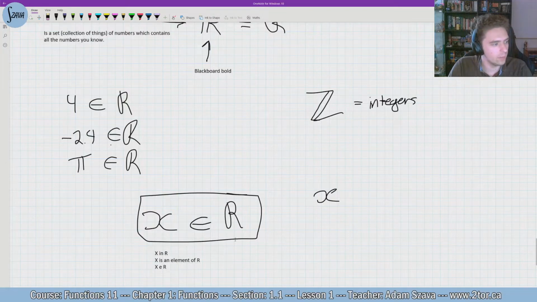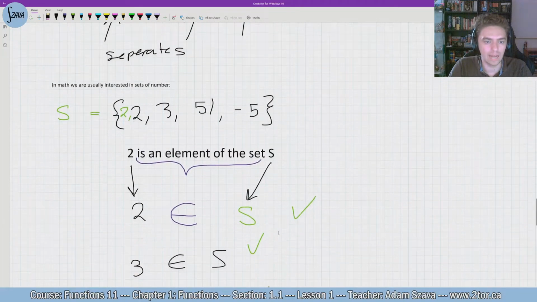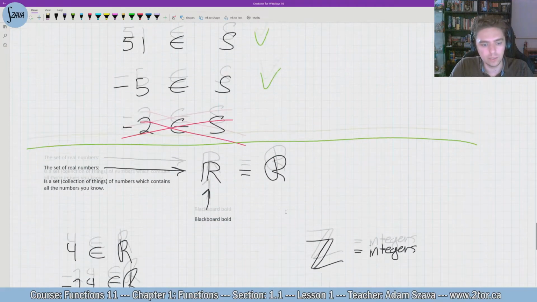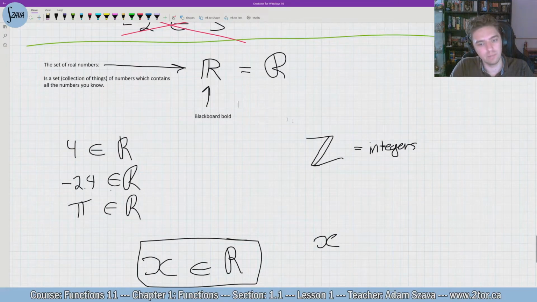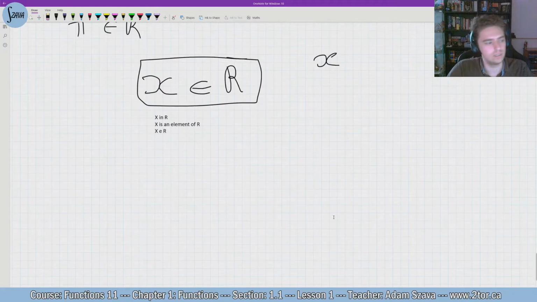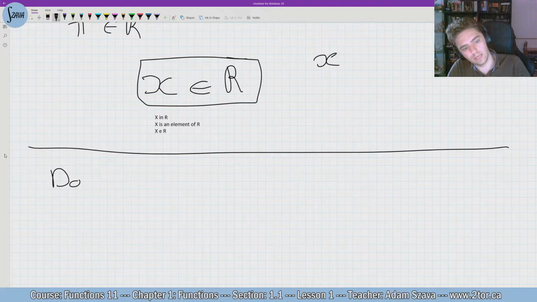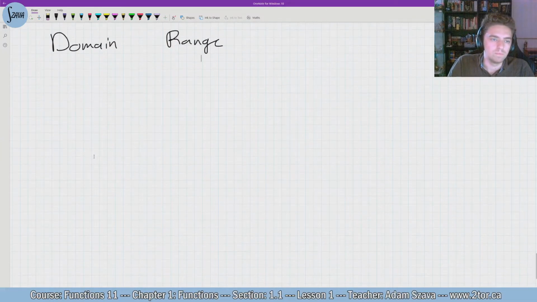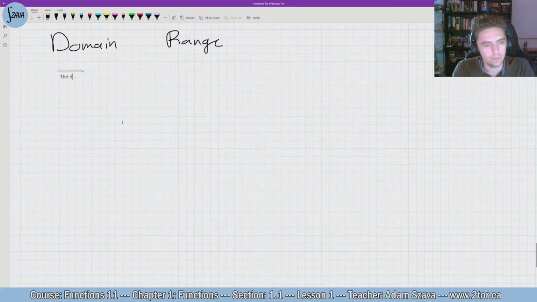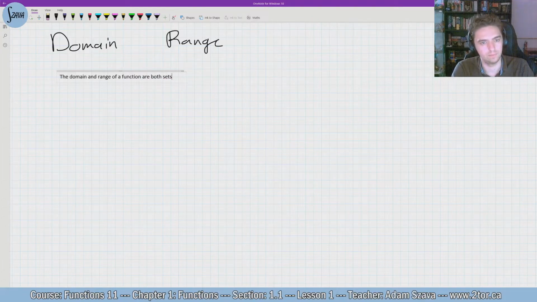Now that we have an understanding of what a set is, what an element of a set is, the epsilon symbol, the set of real numbers and the set of integers, and what's in those sets, we are ready to talk about the domain and range of a function. The domain and range of a function are both sets.